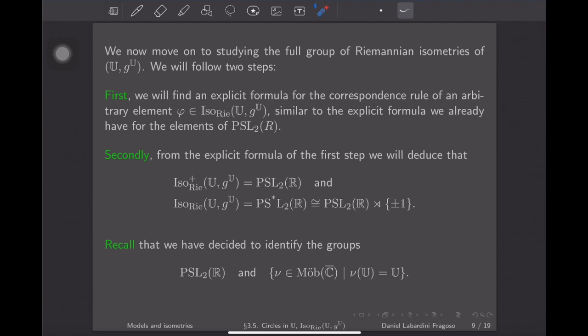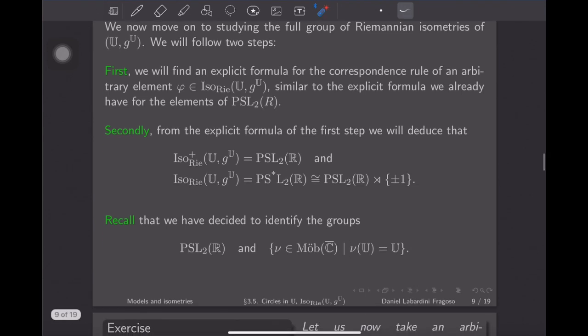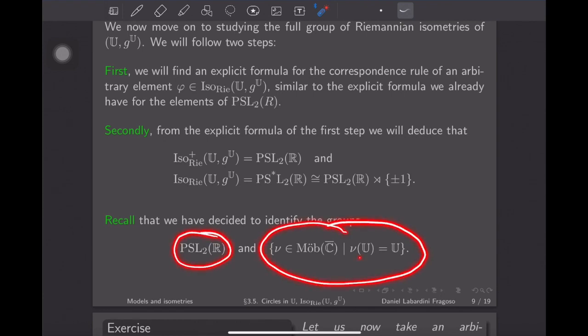And then using that formula, we're going to see the full description of our groups, as a Lie group. Just a reminder that I'm already, with no apology, identifying this group and the group of Mobius transformations that preserve U bijectively.